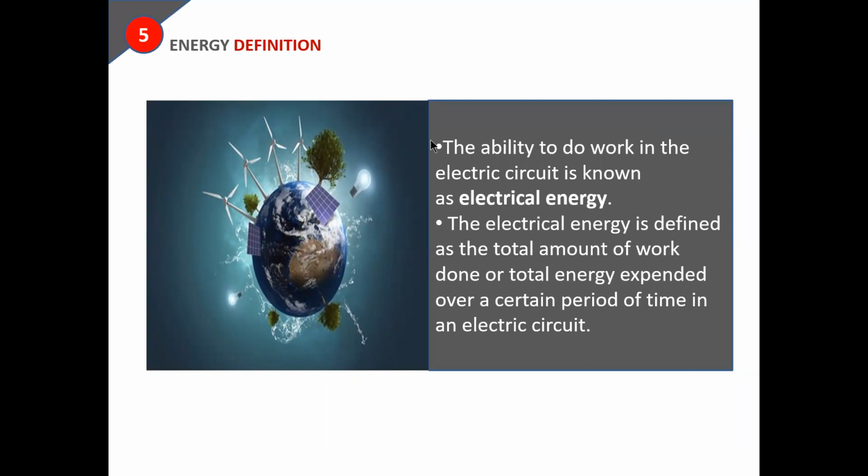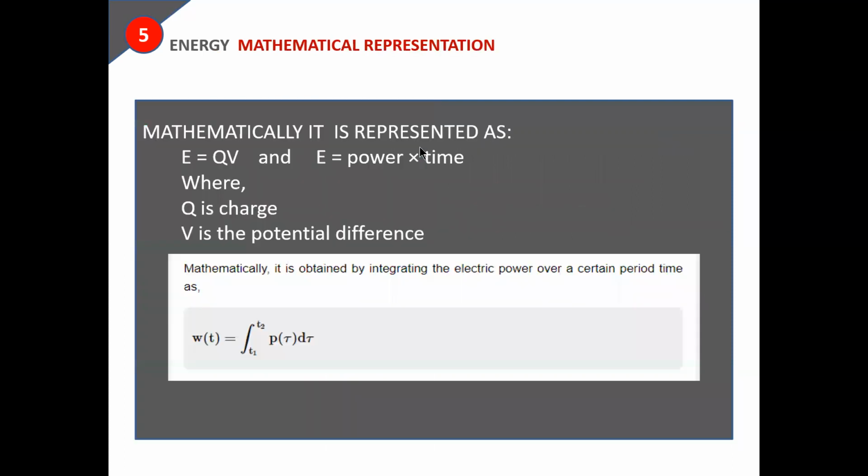Mathematically, it is represented as E = QV and E = power into time, or Q into voltage, where Q is the charge and V is the potential difference, also called voltage. Mathematically it is obtained by integrating the electric power over a certain period of time, as W is given by the integral from T1 to T2 of p(t) dt.